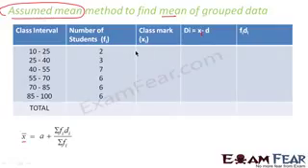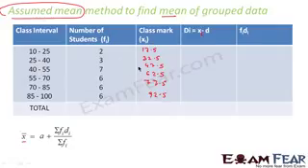Now also I can find it: 10 plus 25, 35 by 2, that's 17.5. 25 plus 40, 65 by 2, that is 32.5. 40 plus 55, 95 by 2, that has become 47.5. 55 plus 70, 125 by 2, that is 62.5. 70 plus 85, 155 by 2, that is 77.5. And 85 plus 100, 185 divided by 2, that is 92.5. So you have all the values of xi.